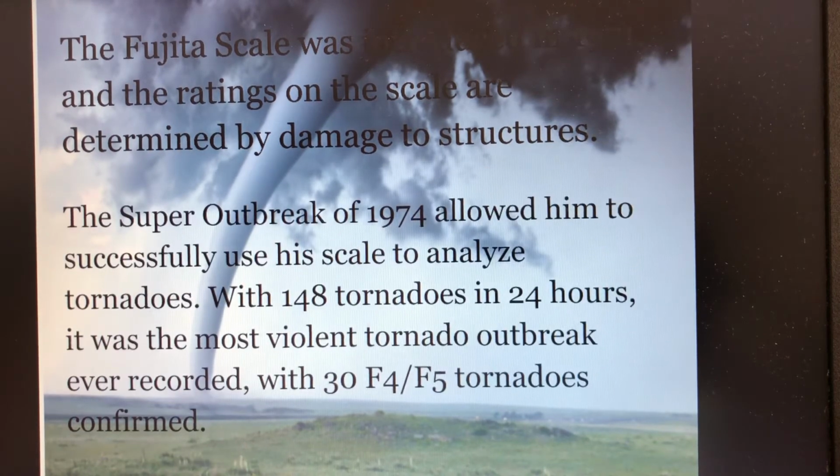So in 1974, there was what was called the super outbreak of tornadoes. Until 2011, that was the number one outbreak of tornadoes in 24 hours. There were 148 of them, and it was the most violent tornado outbreak ever recorded because there were 30 F4 and F5 tornadoes, which are the worst there are.